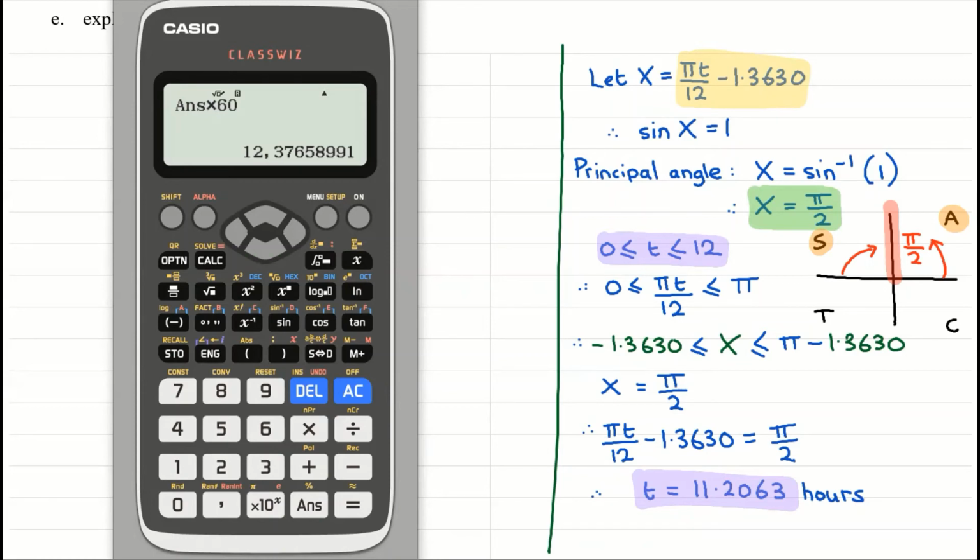So we can now just write down our answer in hours and minutes. So it's 11 hours and 12 minutes.